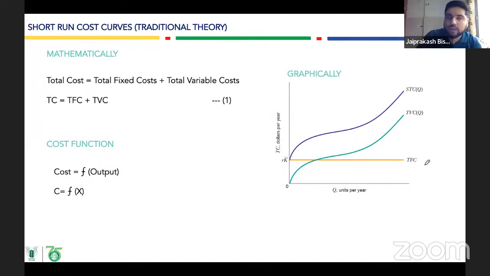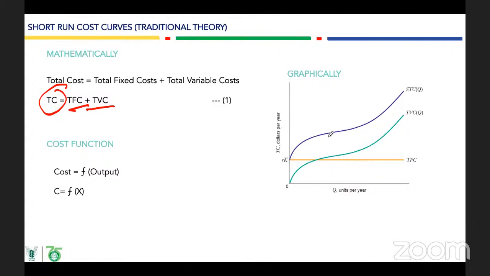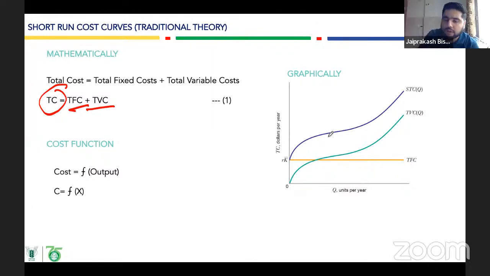But you see here, the total cost is equal to total fixed cost plus total variable cost. Here in this diagram, if I have to calculate total cost out of these two graphs, forget this blue line for a while. This line is your fixed cost line, and this is your variable cost line.